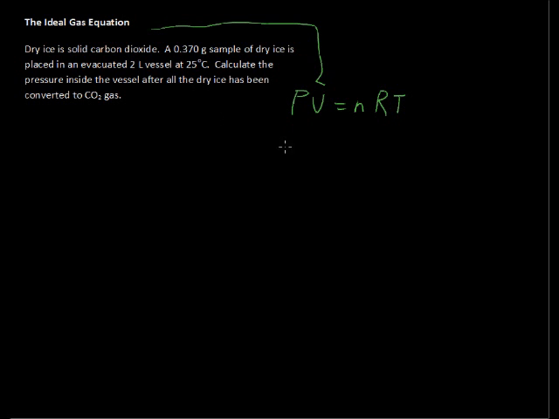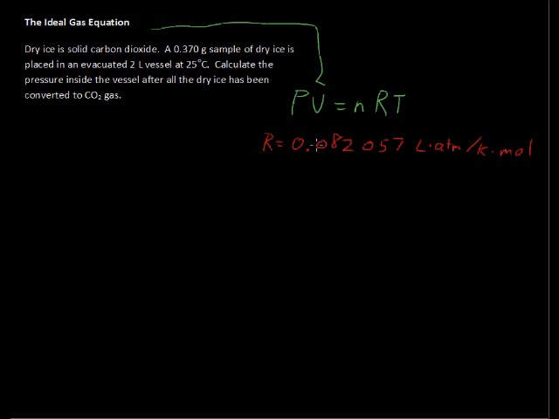R is a constant, where R equals 0.0820057, and there are some units on this: liters times atmosphere per degrees Kelvin times mole.